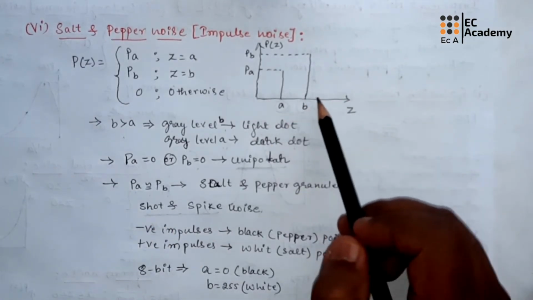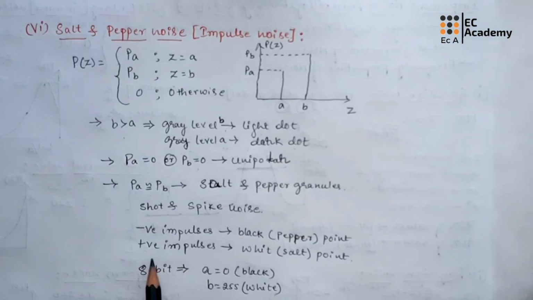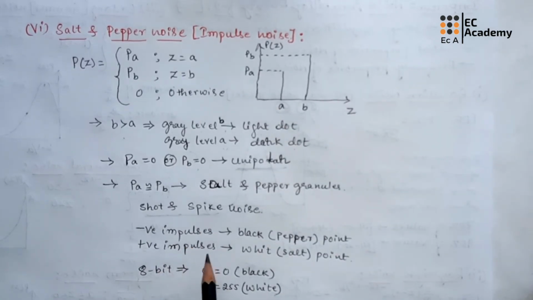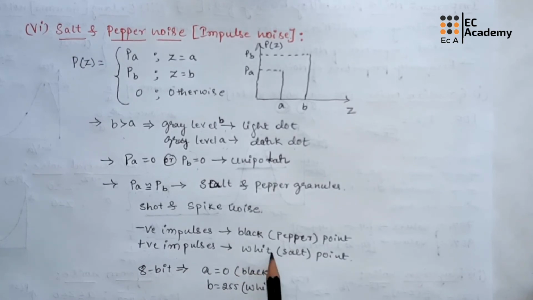These noise impulses can be negative or positive. For the negative value of impulses, the A and B values will be saturated. As a result, the negative impulses appear as black points which look like pepper, and positive impulses will appear as white points which look like salt.